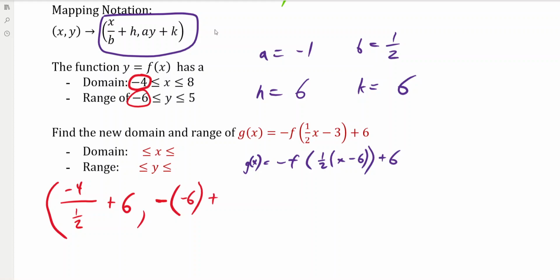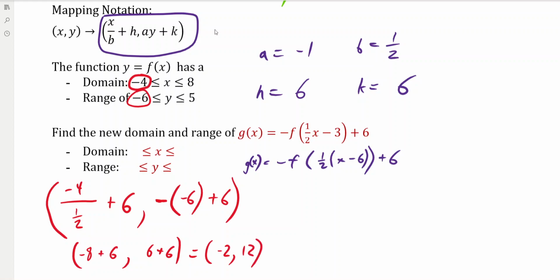And then we have the plus K, which is the 6. Okay, so all of this goes to -8 plus 6, and then 6 plus 6. And that can go to -2 and 12.